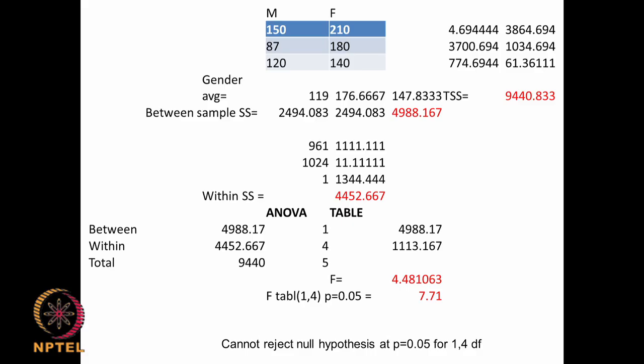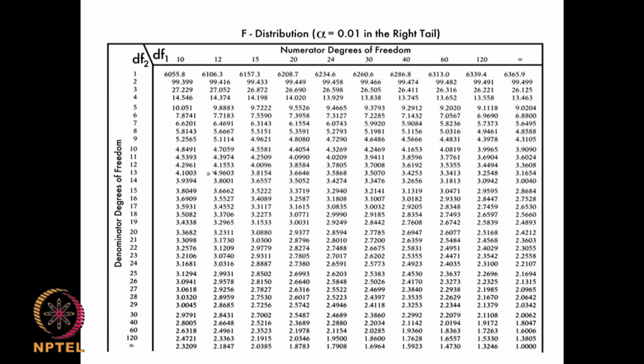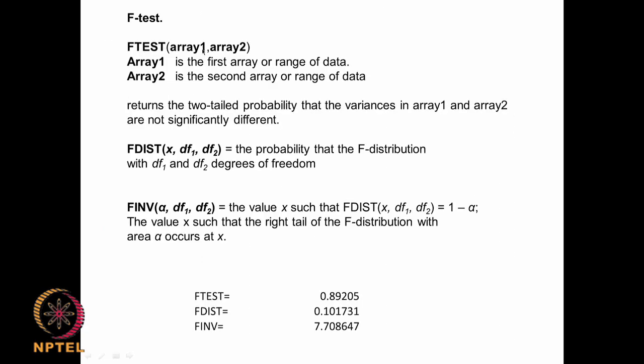Okay. Excel also can do the same thing. There are different ways by which we can do it through Excel. There is a command called Ttest, where you give array 1, array 2, and it calculates the F ratio, okay, and then it tells you. Actually it does not do it through ANOVA, but it does it through Ttest.